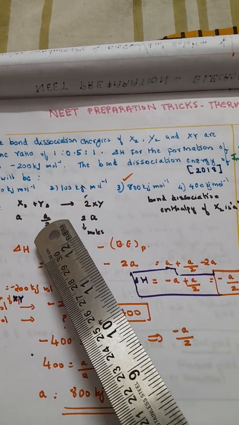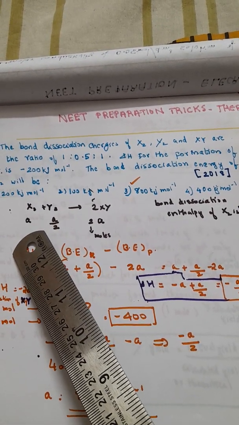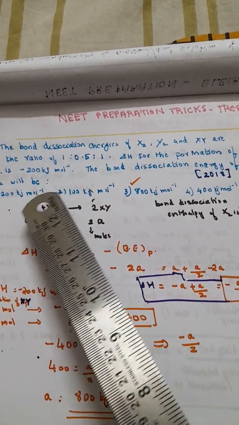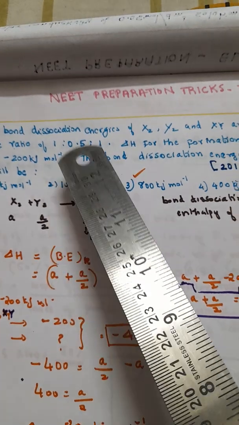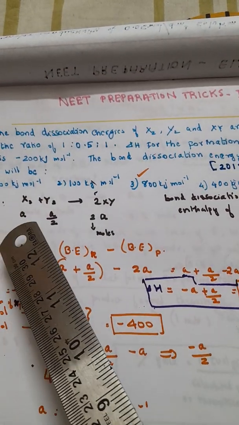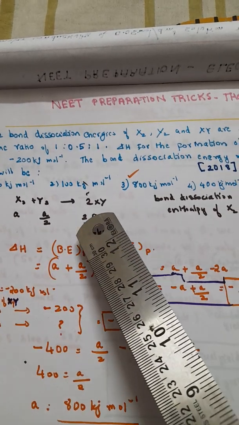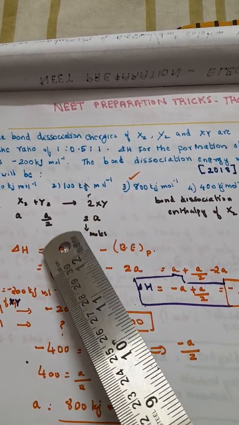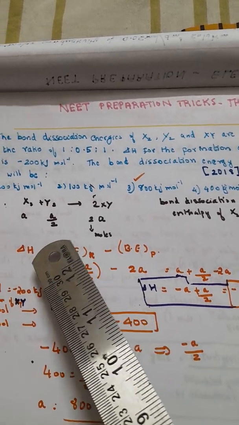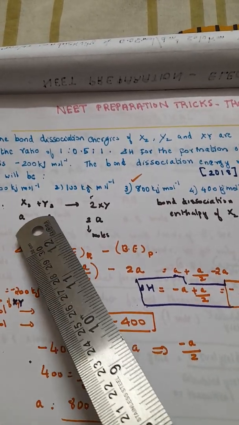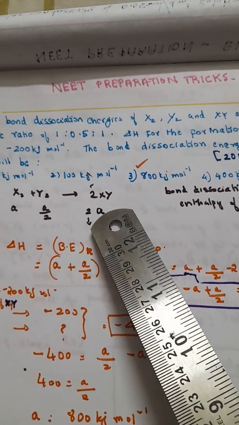Here the bond dissociation enthalpy of X2 is A, since this is 1 mole. That of Y2 is only half of that of X2, so we take that as A by 2. For XY it is A, so 2XY means 2A moles. So A for X2, A by 2 for Y2, and 2A for 2XY.